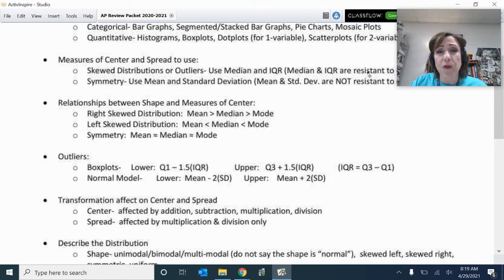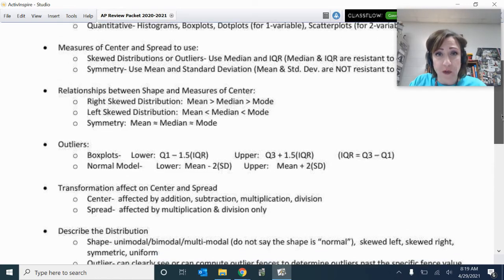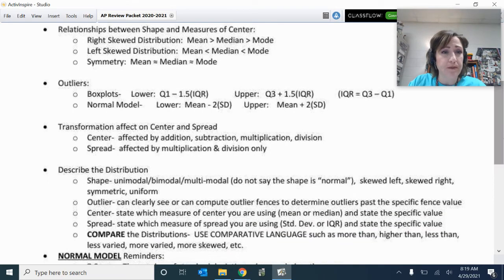So median and IQR are resistant to skew and outliers. For symmetry, however, use standard deviation and mean. And again, you need to know that mean and standard deviation are not resistant to skew and outliers. They are impacted. That's some language that you could very easily see about being resistant or not resistant to skew or outliers.